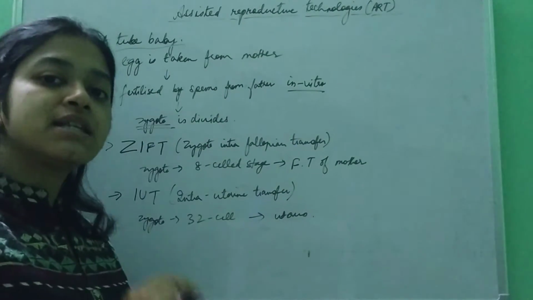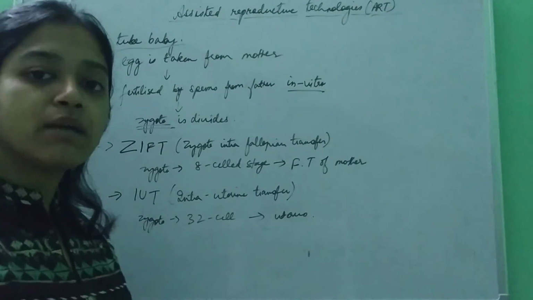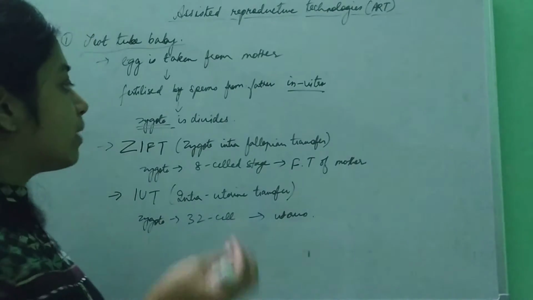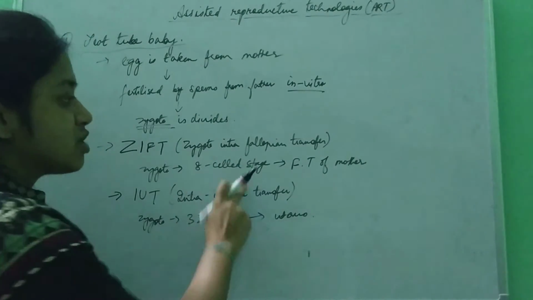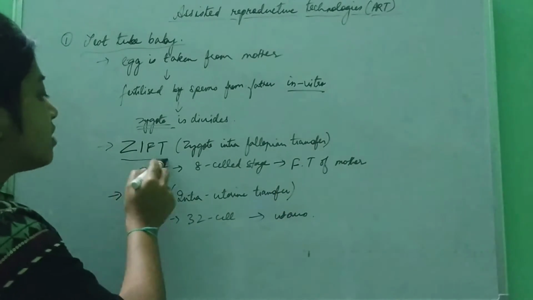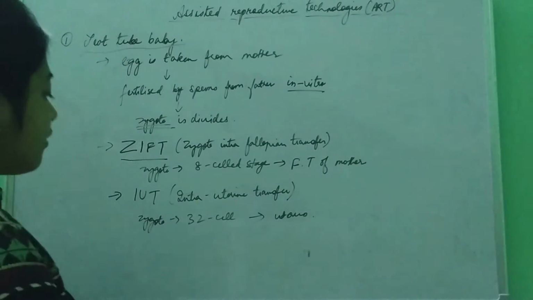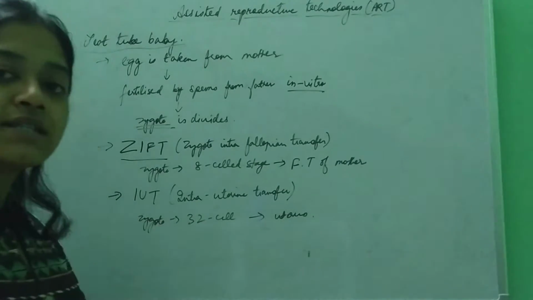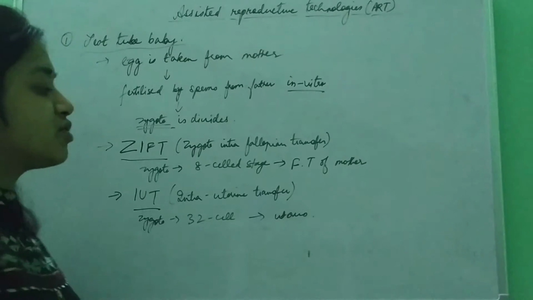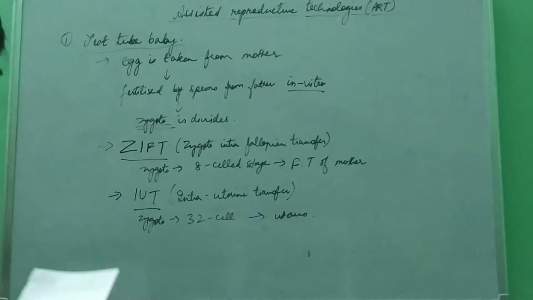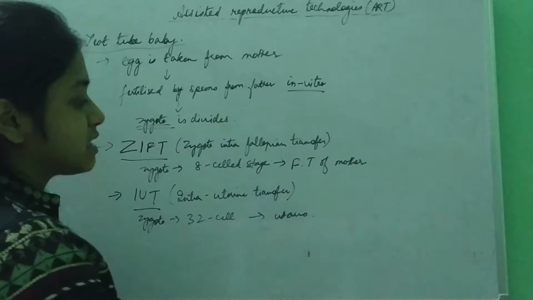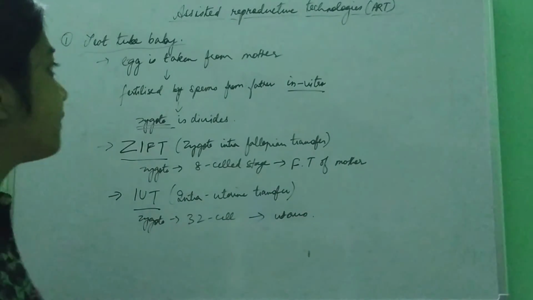It is fertilized in vitro, in the laboratory given the same conditions. The zygote is formed and divides. At an 8-cell stage it can be transferred to the fallopian tube, known as zygote intrafallopian transfer. If it reaches a 32-cell stage, it is directly transferred to the uterus, known as intrauterine transfer. The rest of the development takes place in the uterus.